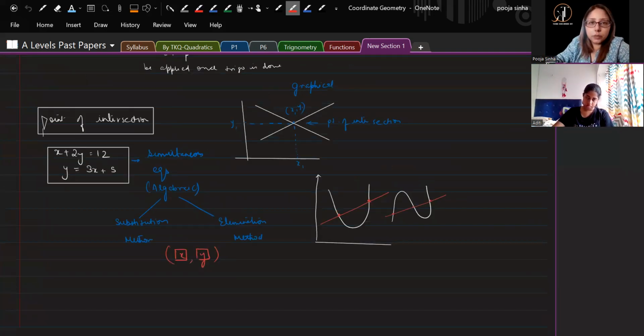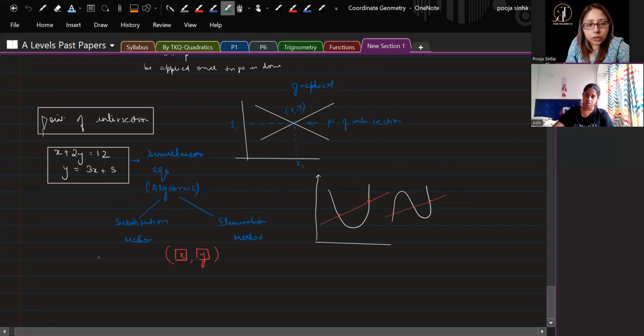One point to be noted. If graphically you're doing, substitution is applicable to both a line and a curve and a line and a line.